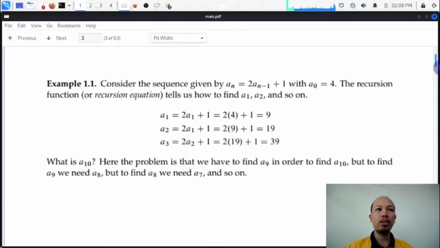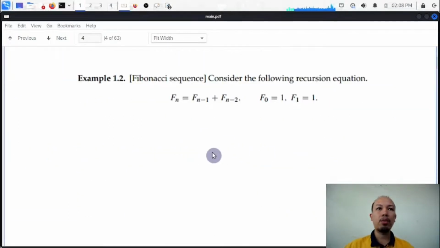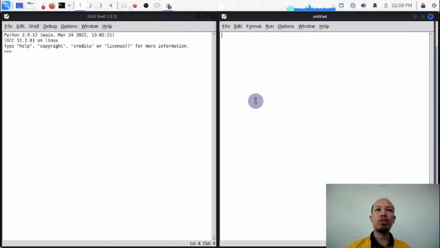As you recall, F sub n is equal to f sub n minus 1 plus f sub n minus 2. Our initial conditions are f of 0 is equal to 1 and f of 1 is equal to 1.